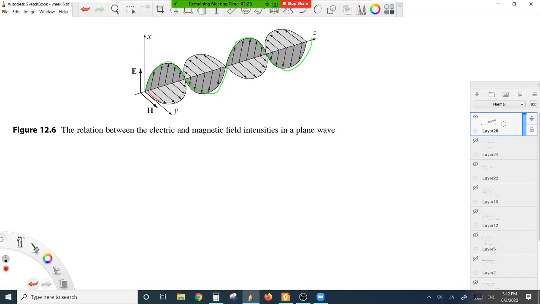And this is the magnetic field intensity, which I drew in red. The magnetic field intensities have components along y, and they also propagate along z.